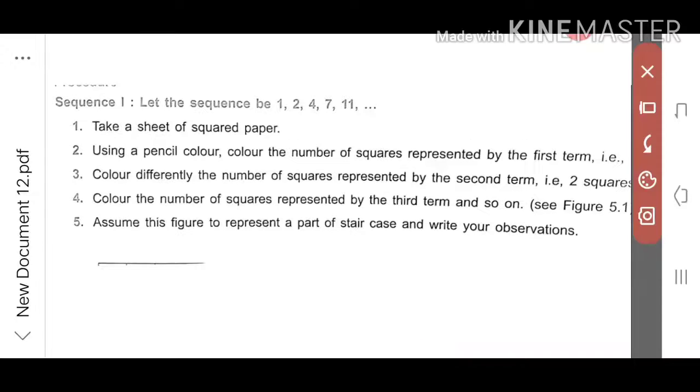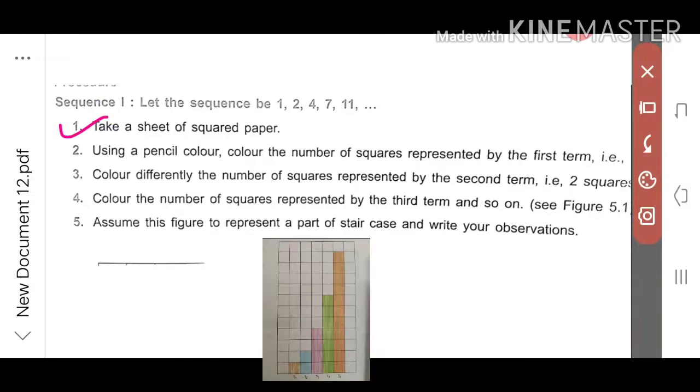First we take a sheet of square paper and, using a colored pencil, color the number of squares represented by the first term, then color differently the number of squares represented by the second term, that is 2, and then we color the number of squares represented by the third term, and so on. Assume the figure represents a part of a staircase, and write your observation.